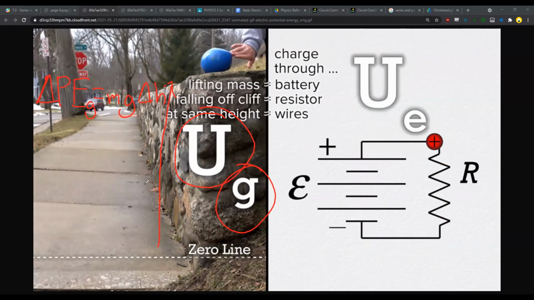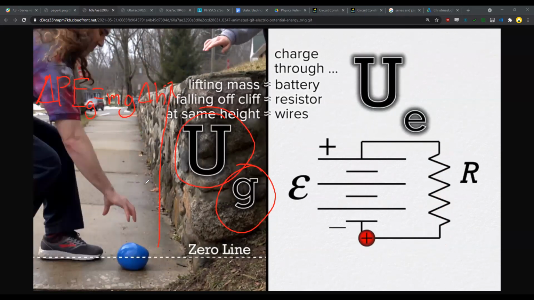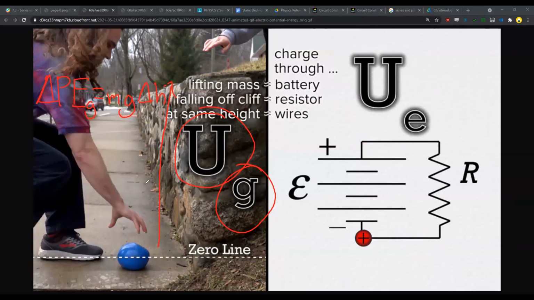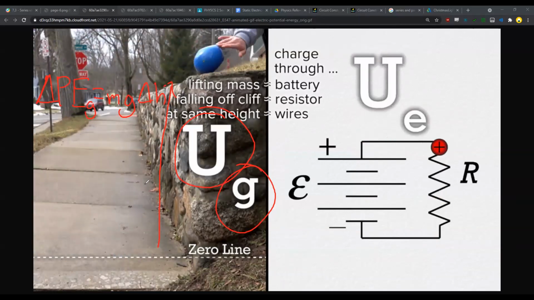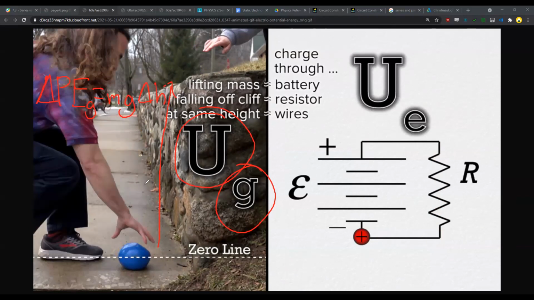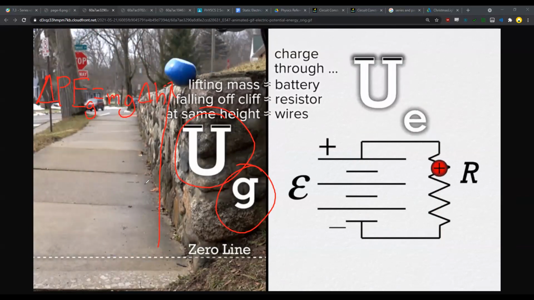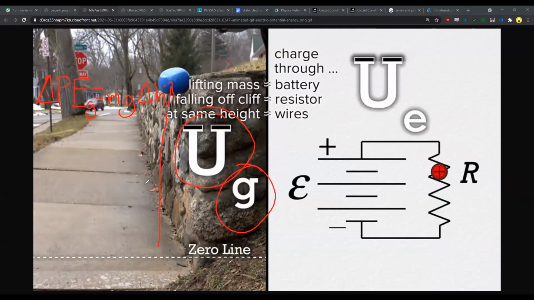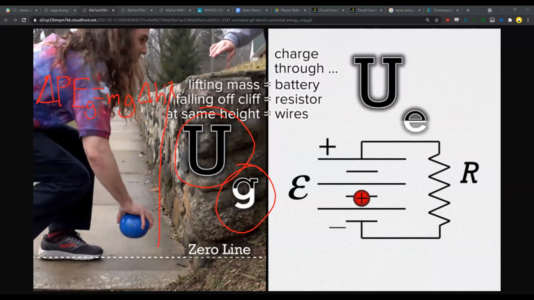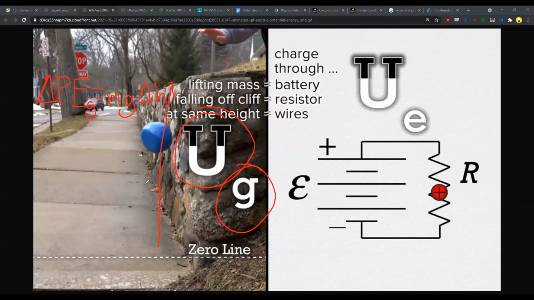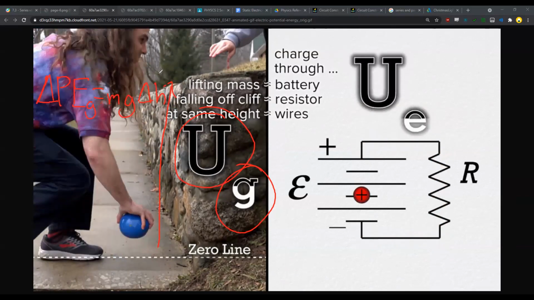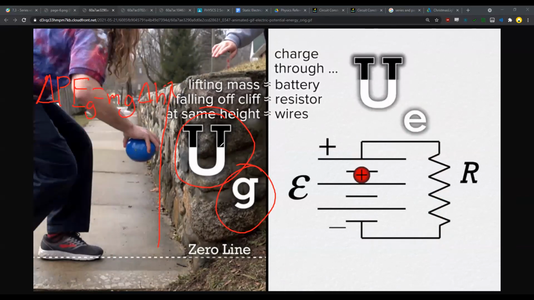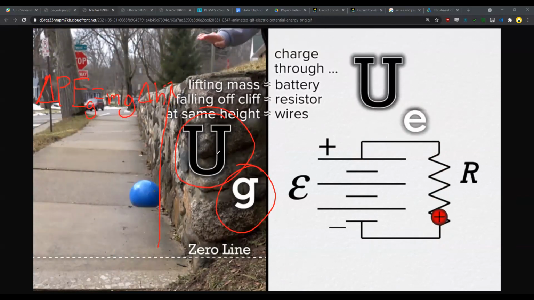And as it falls, you lose gravitational potential energy, as you can see by it filling up.